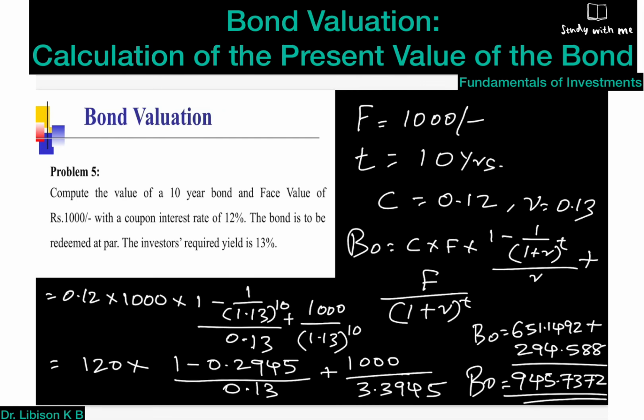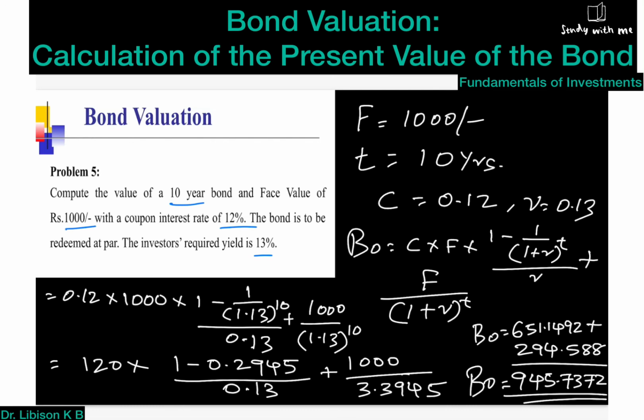Fifth problem, compute the value of a 10-year bond and face value of rupees 1000 with a coupon interest rate of 12%. The bond is to be redeemed at par value. The investor's required yield is 13%. So 10-year bond, so T is equal to 10, face value is rupees 1000, coupon interest rate is 12%, our required rate of return is 13%. So let us solve the problem.